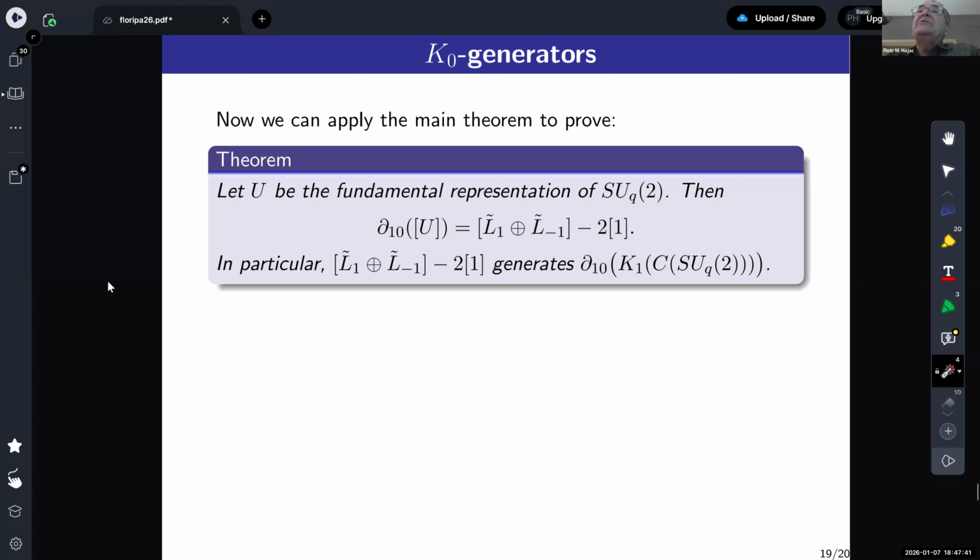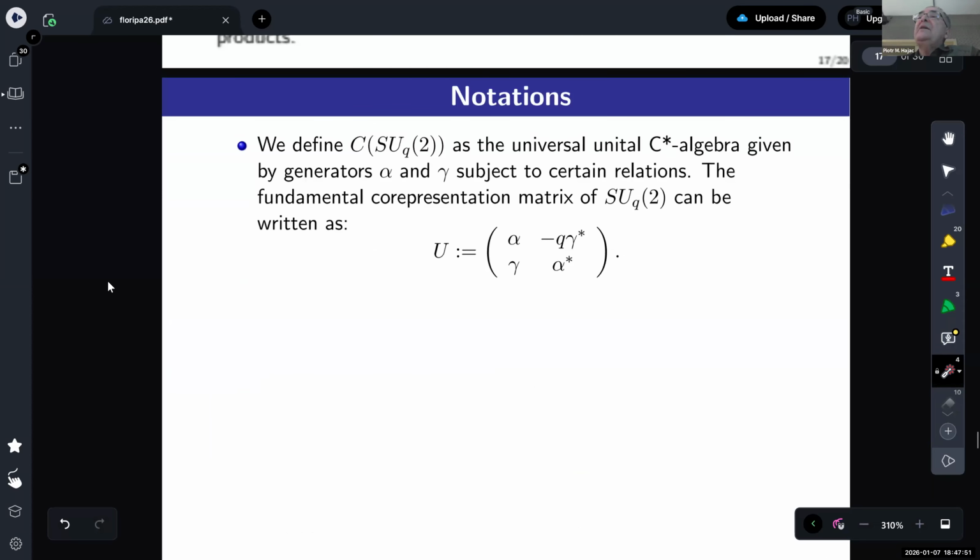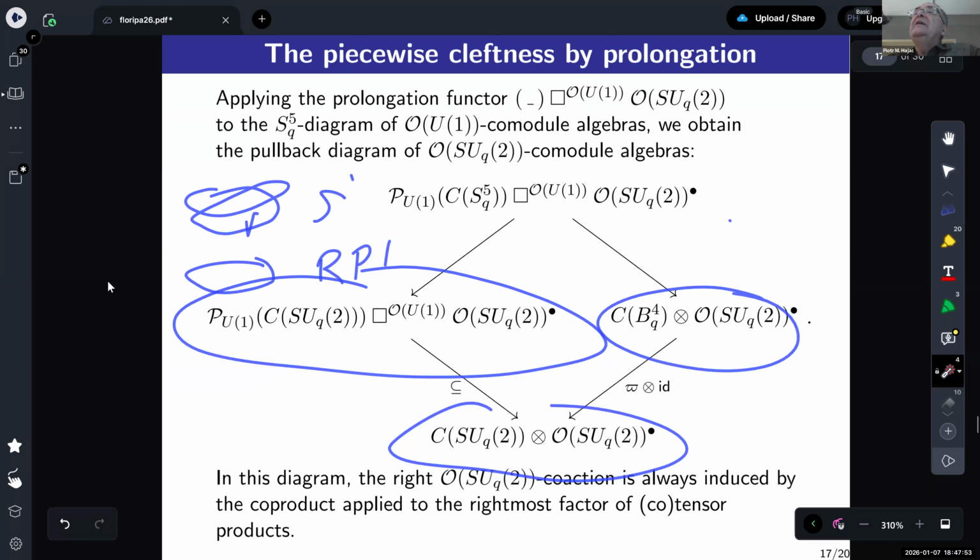But now how do we apply this main theorem? On one hand, we look at this picture over here. I take the fundamental representation of SUq(2) on a two-dimensional vector space. This fundamental representation gives me a left coaction.